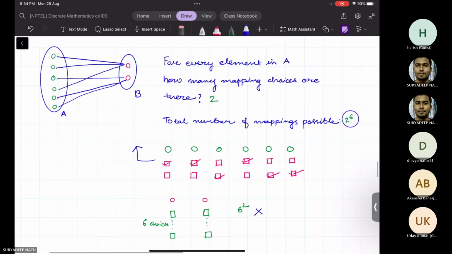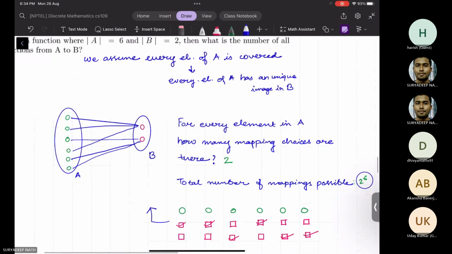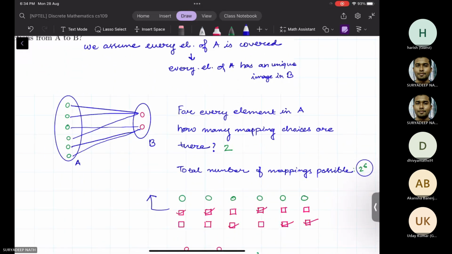While finding all possible mappings, you should always look from the domain set, because for a function, every element in the domain must have a unique image in the codomain. It cannot have more than one image in the codomain, then it won't be a function. That makes our counting easy.